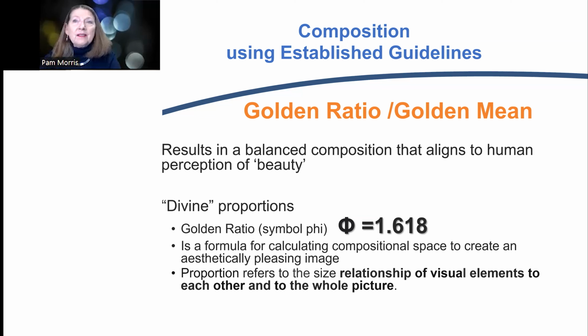And the Greeks and Romans and the Egyptians used these ratios of proportions of parts of a subject with respect to the whole subject. And they found if they could use the ratio of 1.6 for the different parts of a subject in the Parthenon and in the pyramids, they ended up with something that was aesthetically beautiful to humans.